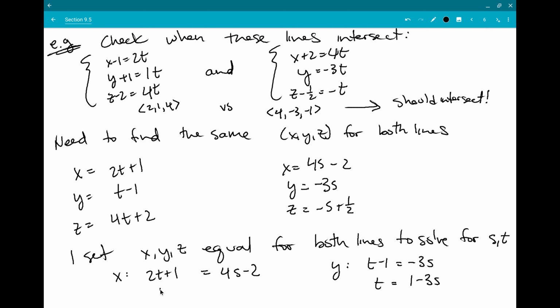The x equation tells me that t should be equal to (4s minus 3) over 2. So I have two equations, two unknowns. I kind of have to put them together in order to solve for anything, and I'll do that on the next page.